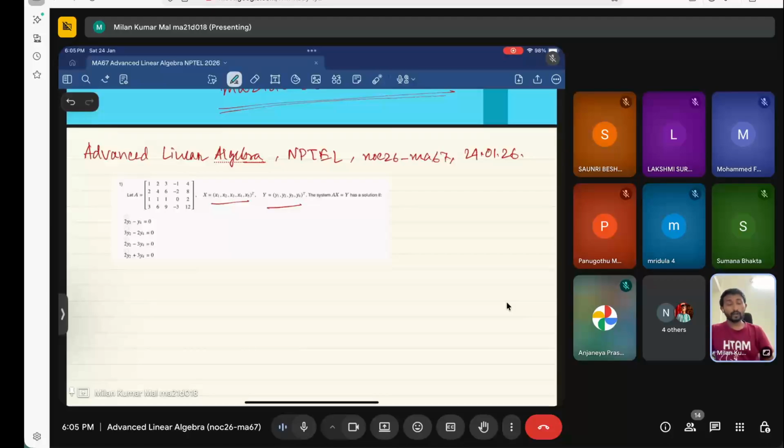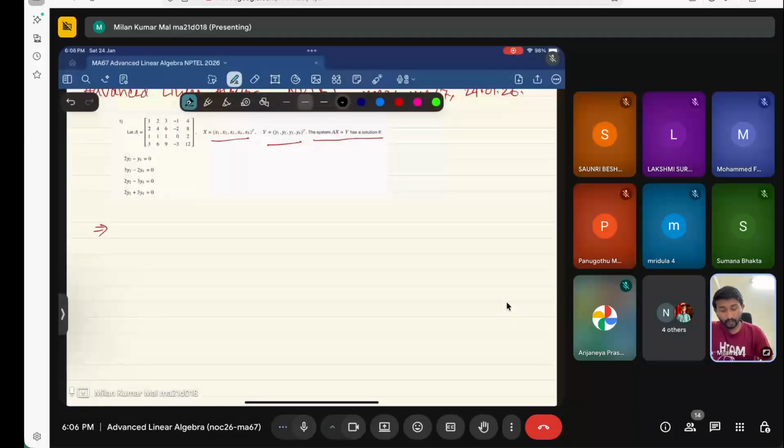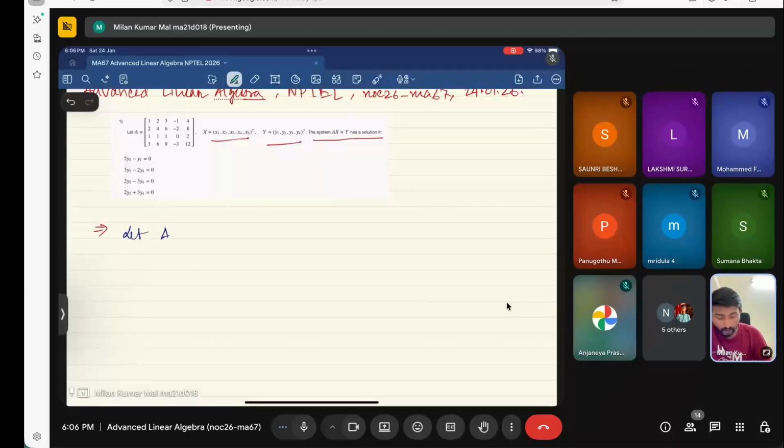To solve this type of problem, here I will discuss a little bit about the theorem which is required. Let A be an m by n matrix over a field, that can be complex or real. Here it is not mentioned, so that doesn't affect anything.